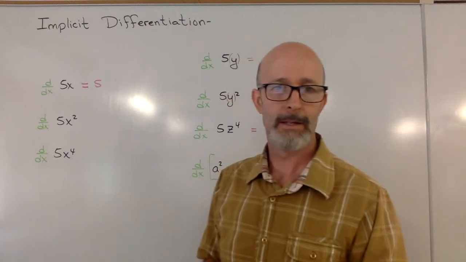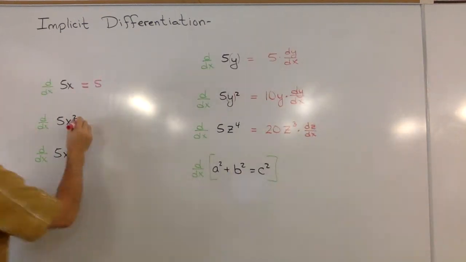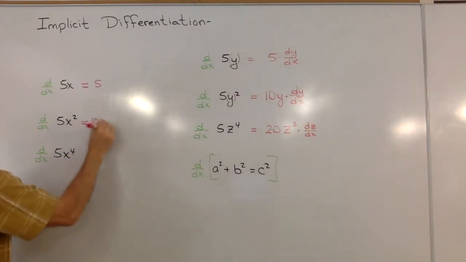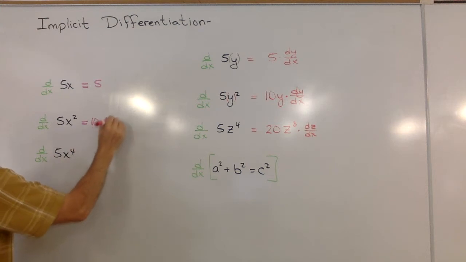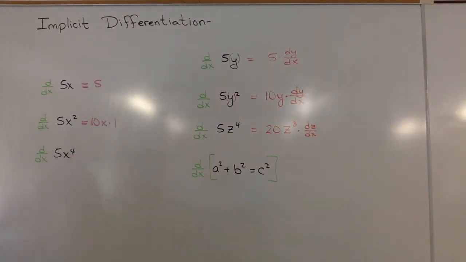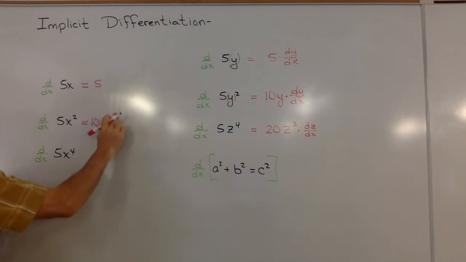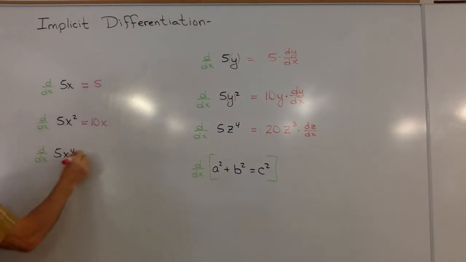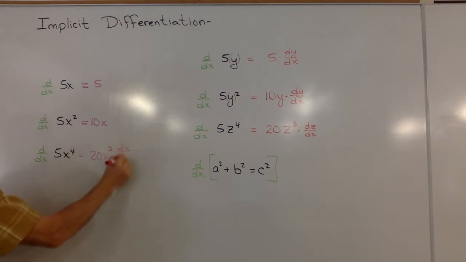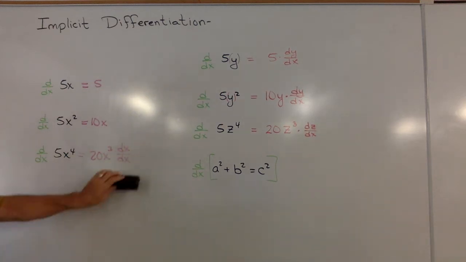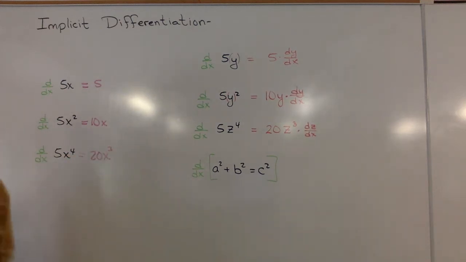And the very next derivative here, it is true, that is 10x times dx over dx. But why write dx over dx when that equals 1? 20x cubed, sure, you can write dx over dx, but why bother? It's equal to 1.